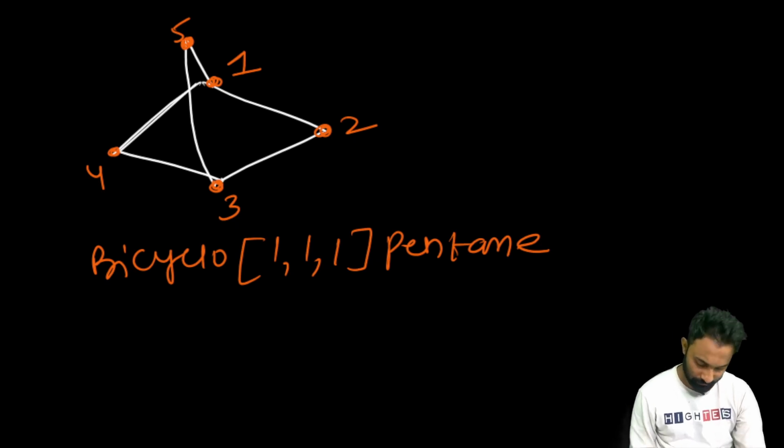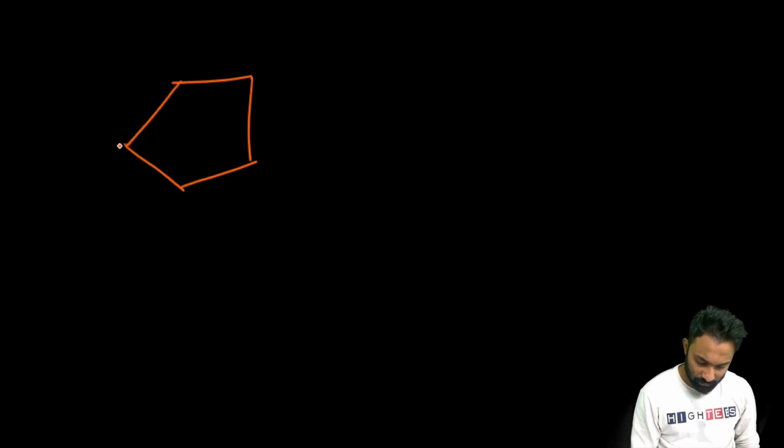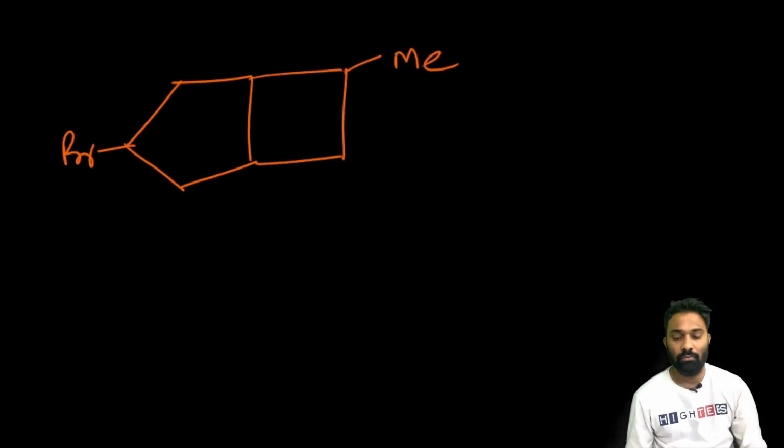Now next. Let's suppose they have given it in this manner. Here the Br, and here it is a methyl. If this type of compound is given, how to write the IUPAC name for this one?